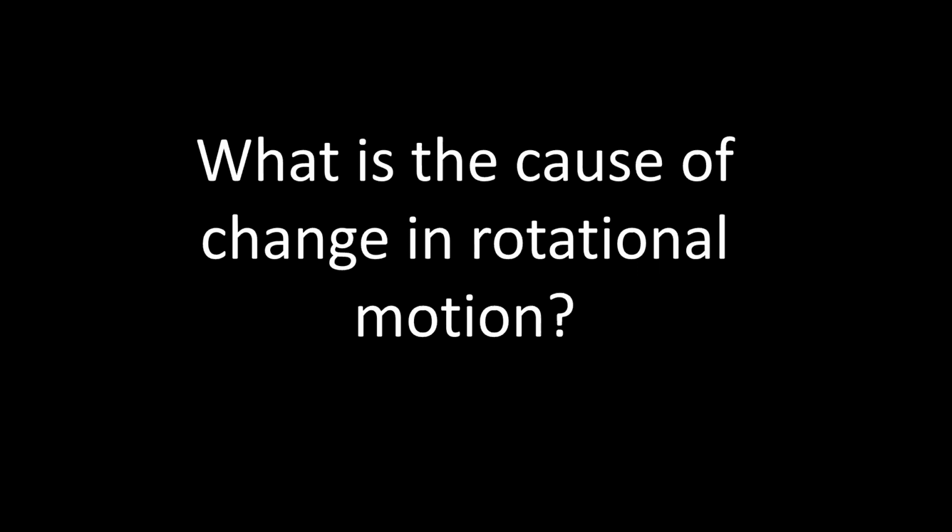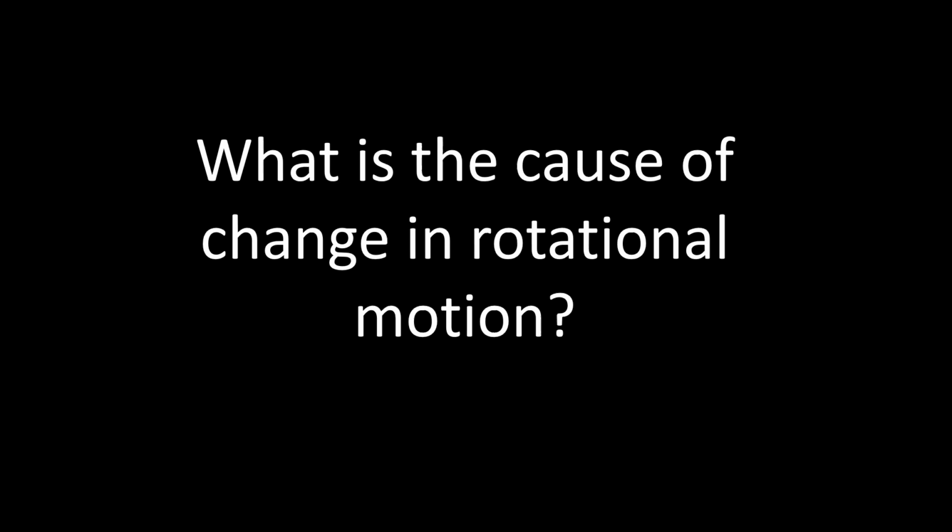What causes a rotating object, or a rigid body, to suddenly have an increase or a decrease in its angular velocity? Well, the correct answer is the reason for a change in rotational motion is because a torque is being applied to that object.